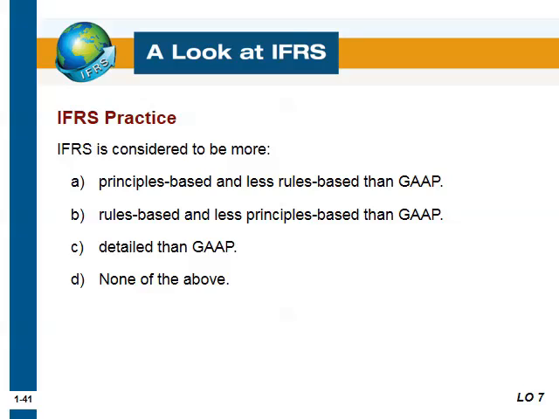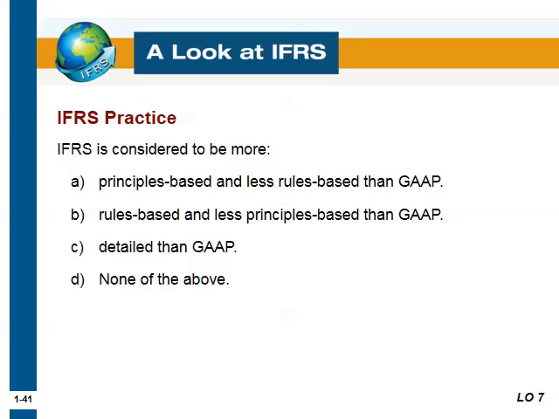IFRS practice. IFRS is considered to be more what? Well, they have what's called principles-based and rules-based. Principles-based means that they're more conceptual. They have these broad concepts that they follow, as opposed to rules-based, which means very specific guidelines on how to prepare your financial statements.